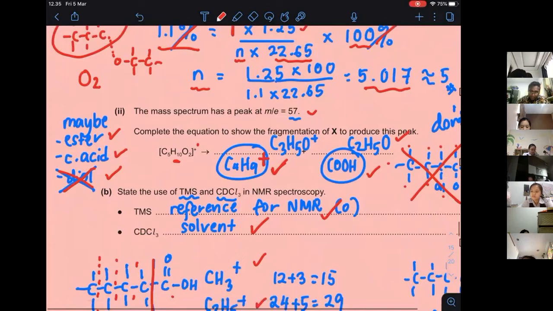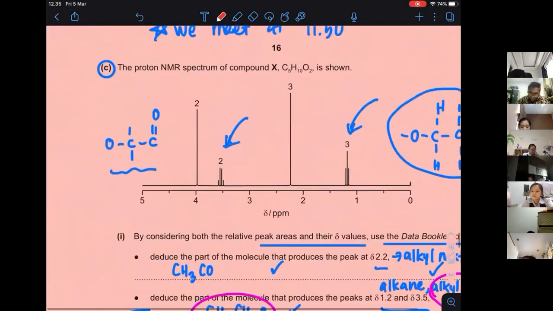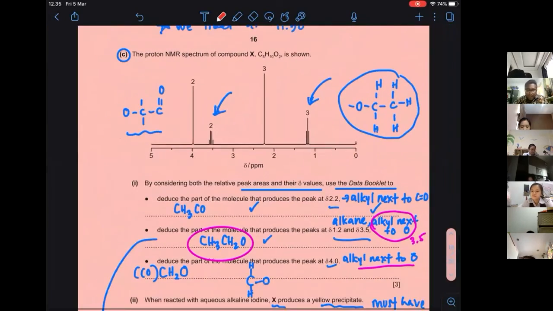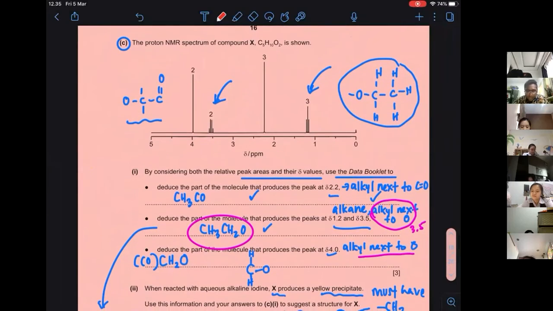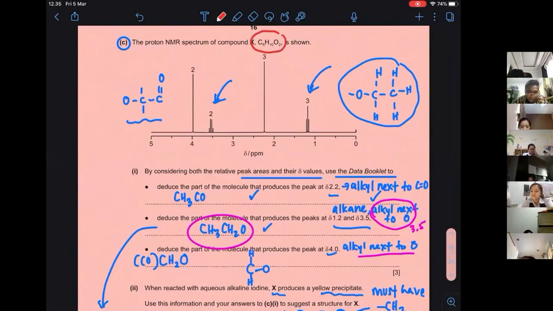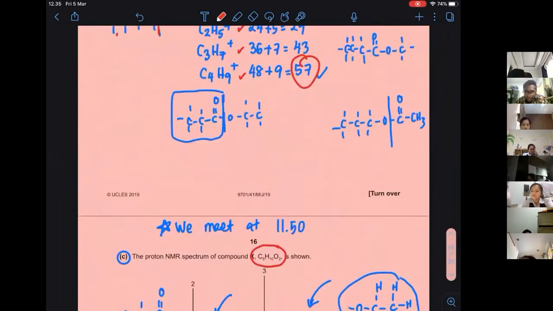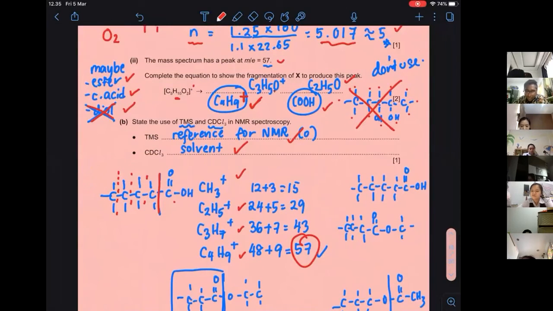Now, next is going to be this one. This is very interesting. The proton NMR for the compound. Do remember we haven't found out what the compound is yet. Rather than just focusing, oh, I decided this is going to be ester, I decided this is carboxylic acid, which was my first mistake.